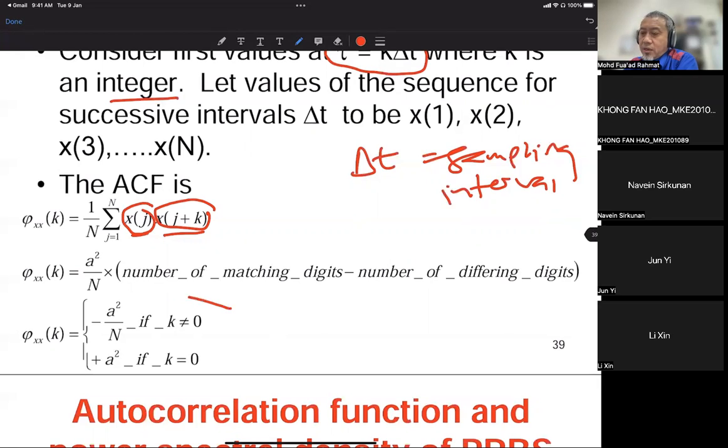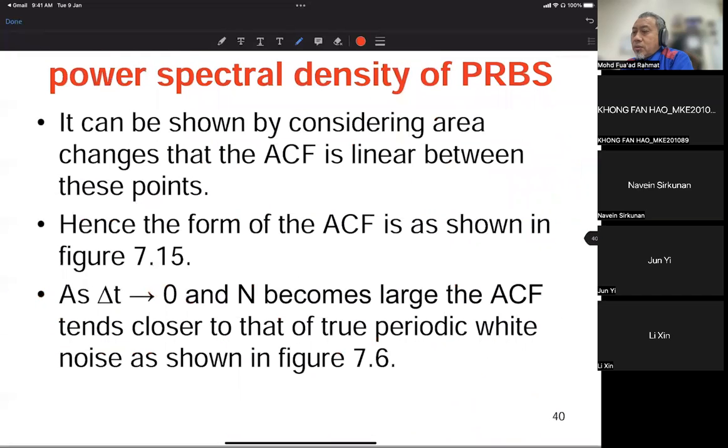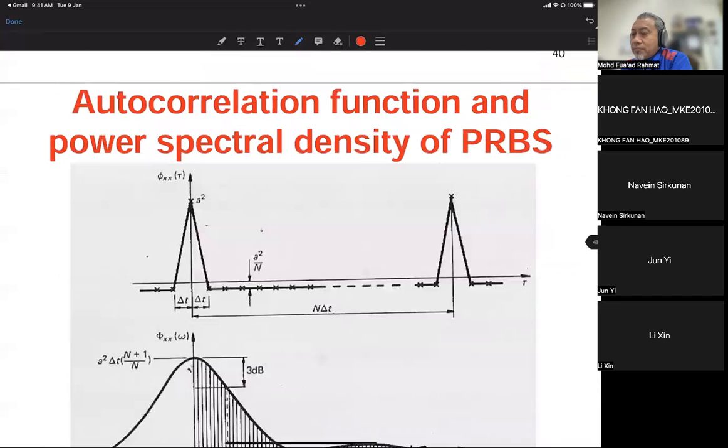So we can define it as minus a square over N if k is not equal to 0, and it is equal to plus a square if k equals 0. Okay, so this can be shown by considering the area of changes of the autocorrelation function at this point, and it's shown in figure 7.15, which is here.